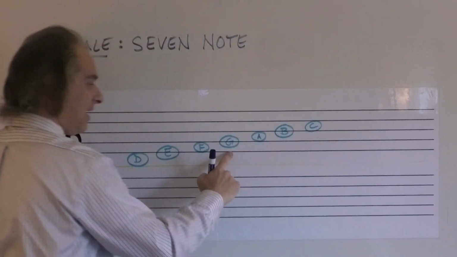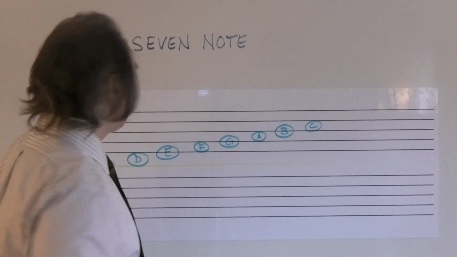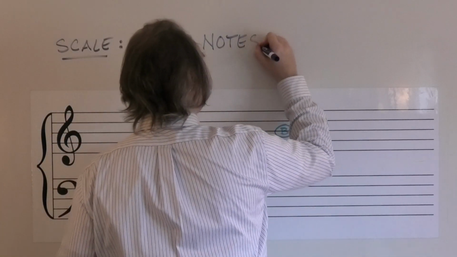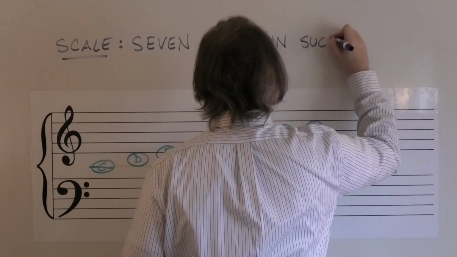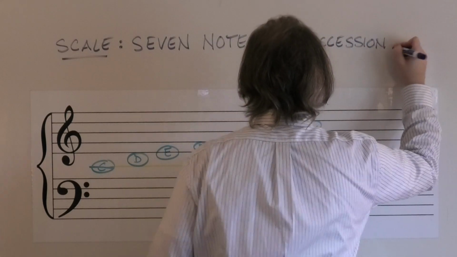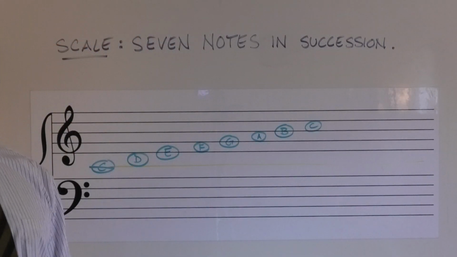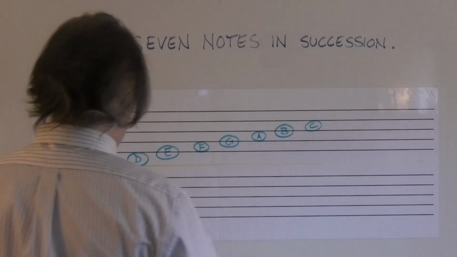A note looks like that, or sounds like this. 7 notes in succession. Succession means one after the other, or the next one.